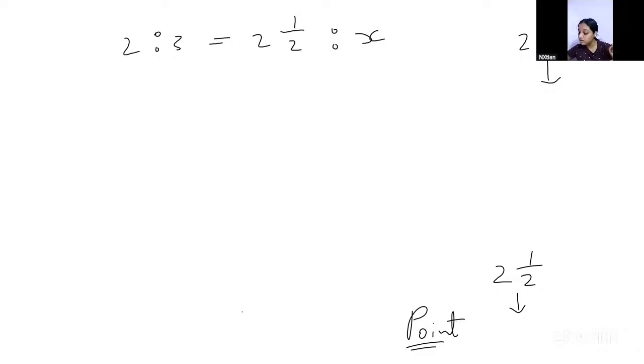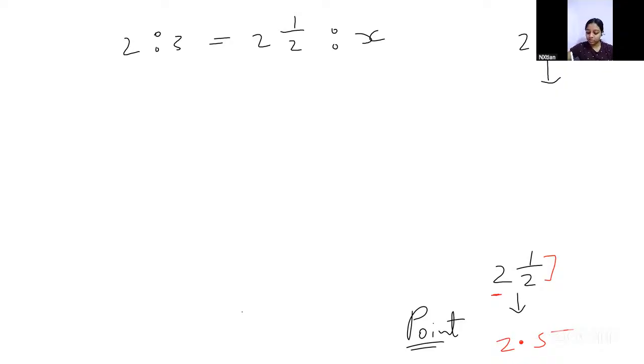What will you do? You write the first number here, 2, you put a point, and for this 1/2, you write 5. This is how you convert it into decimal.